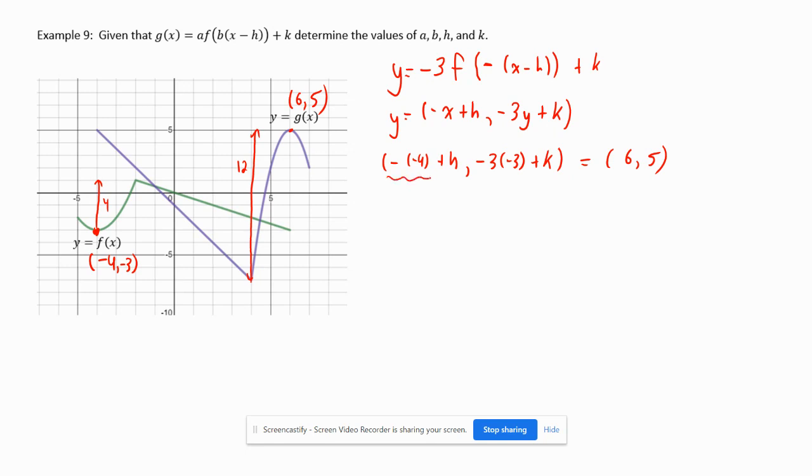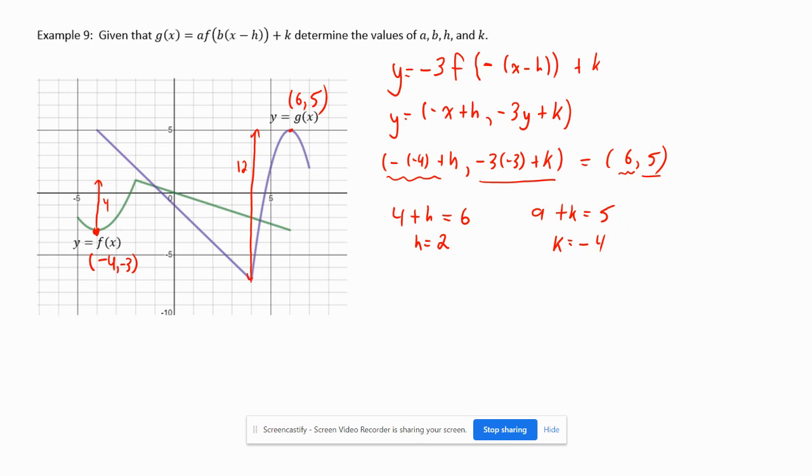So that means this part corresponds with the 6, and this part corresponds with the 5. So I have negative times -4 is 4, plus h equals 6. Subtract 4, that means h equals 2. -3 times -3 is 9, plus k equals 5. Therefore, k equals, subtract 9, -4.